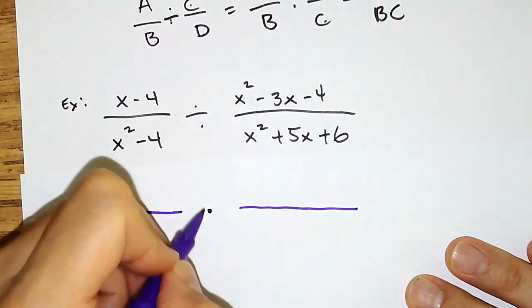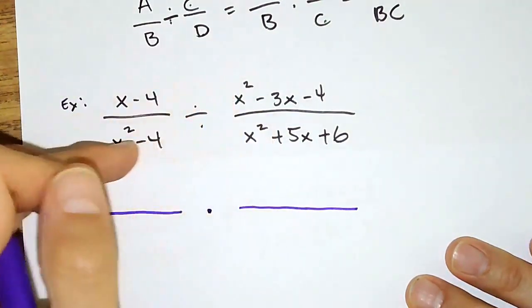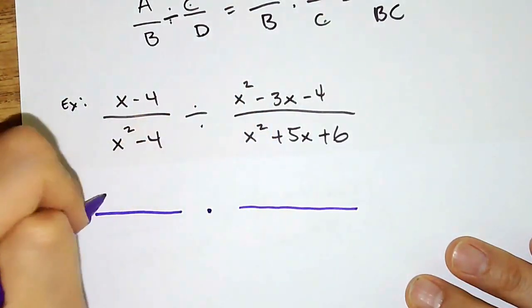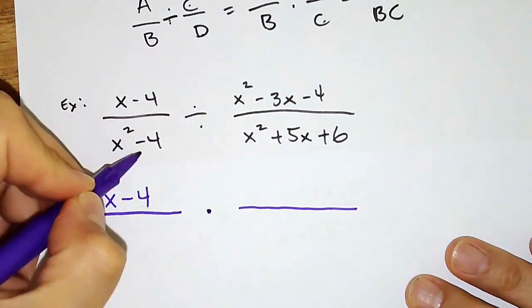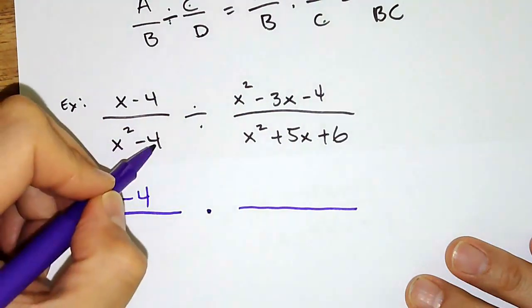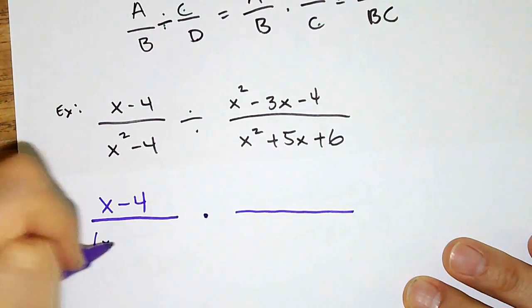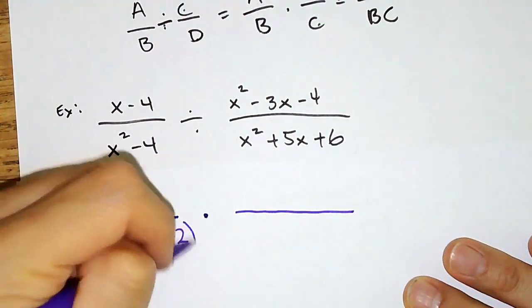Notice that I made the division into a multiplication, so I'm going to flip these when I deal with those two. So x minus 4, I can't do anything with that, so I'm just going to rewrite it. X squared minus 4, perfect square. X squared is a perfect square. 4 is a perfect square. There's a minus sign between them, so it's x plus 2 times x minus 2. Okay?